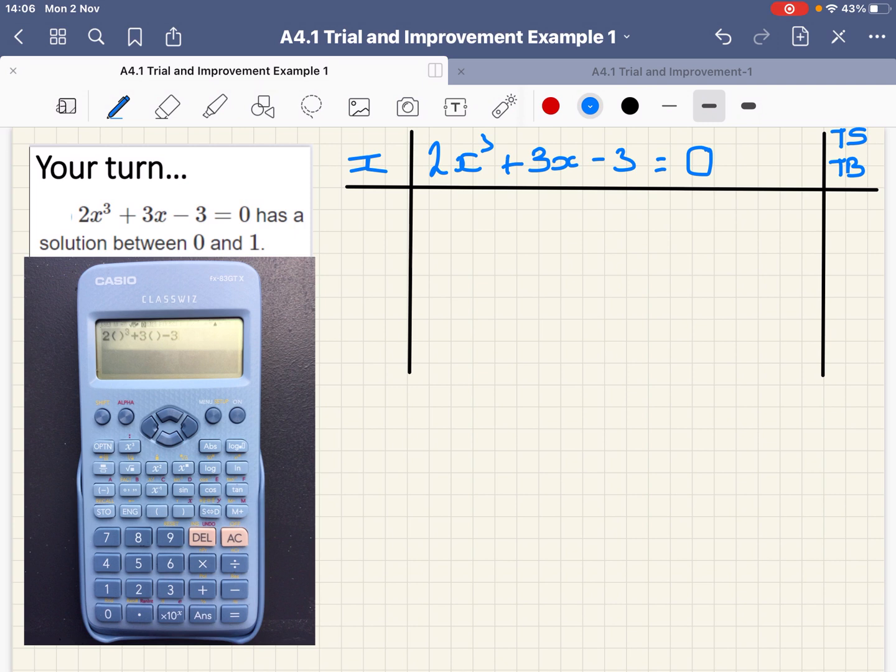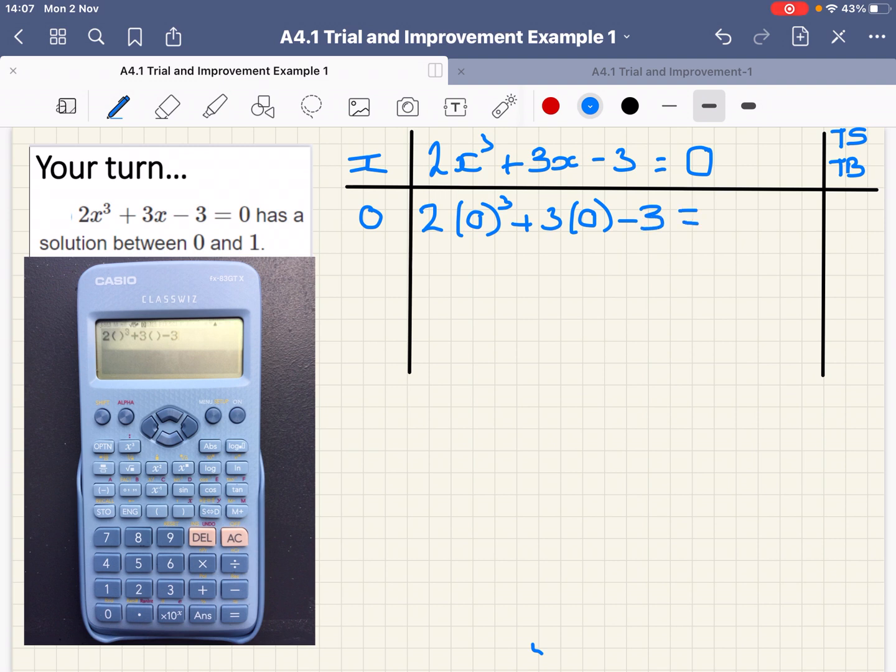So if we look at our first value of x is 0, when we pop this into our table, we have 0 as our x value. We've got 2 bracket 0 cubed plus 3 bracket 0 minus 3.